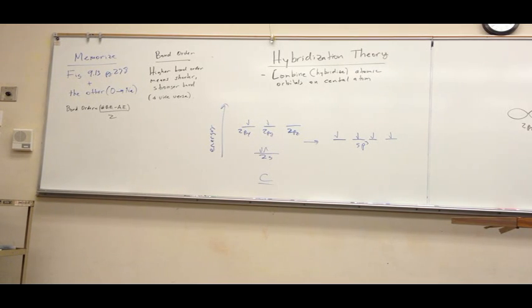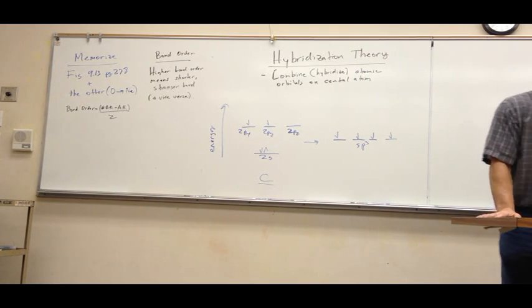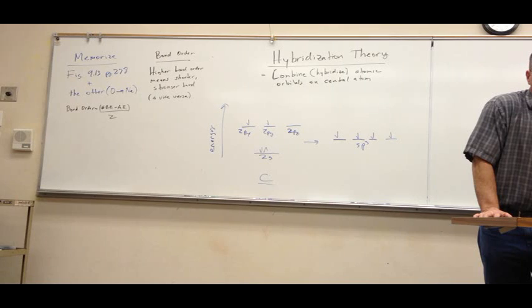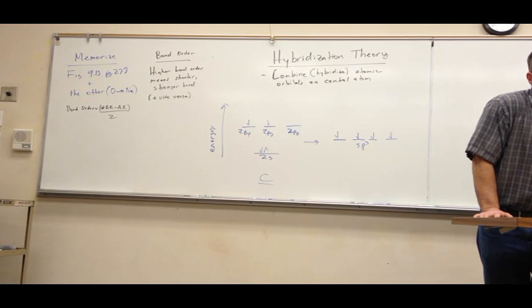Are you buying that? Well, no, not really. What happens when you fill up all the sp3, you have excess electrons? How many electrons would that be? Like 8? 8.